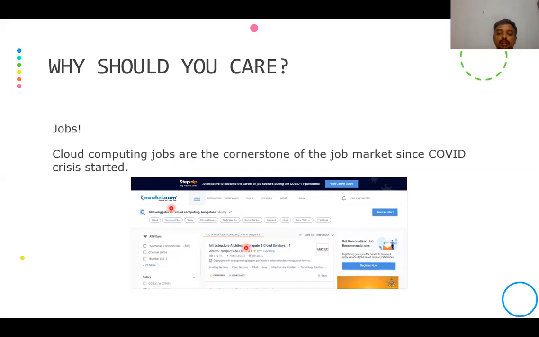And the jobs are not just in one area. Cloud computing jobs are completely widespread because of the different kinds of functions that they perform. Let's say you have network requirements, so you need network security. You need infrastructure requirements, so you need infrastructure management.